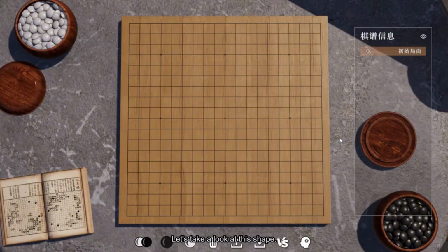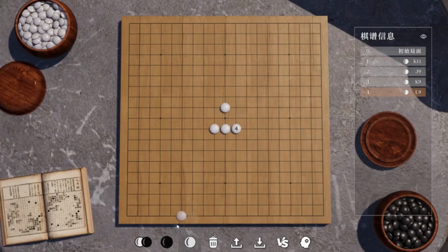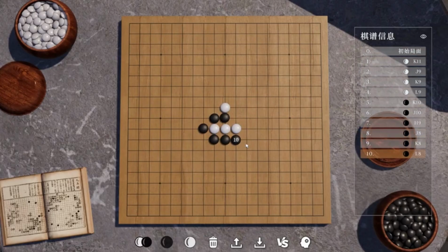Let's take a look at this shape. Through observation, we will find that this white stone has 3 liberties, so black has no way to play Atari.